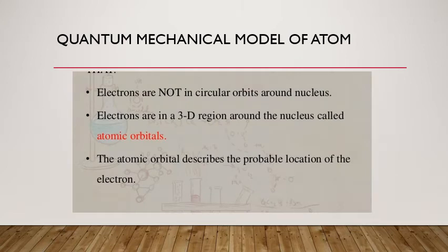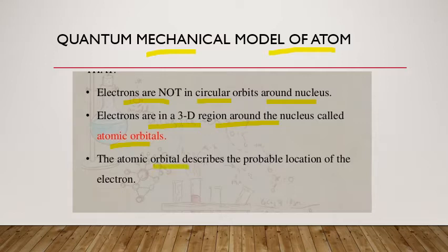So now we are moving to the quantum mechanical model of the atom, where the electrons are not in circular orbits around the nucleus, as Bohr said. The electrons are in a three-dimensional region around the nucleus, and that region in which we can find the probability of the electron is the atomic orbital.